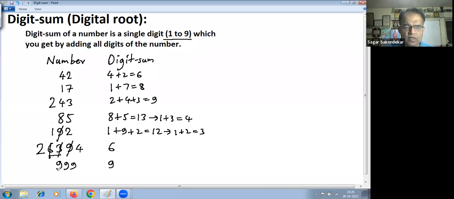So in short, just note that when all are 9, the answer is 9. Okay, any doubt? Can we move to the next? Within this, next is divisibility test. Based on digit sum, we'll have two divisibility tests, which we had covered in part 1, and we'll learn more divisibility tests.